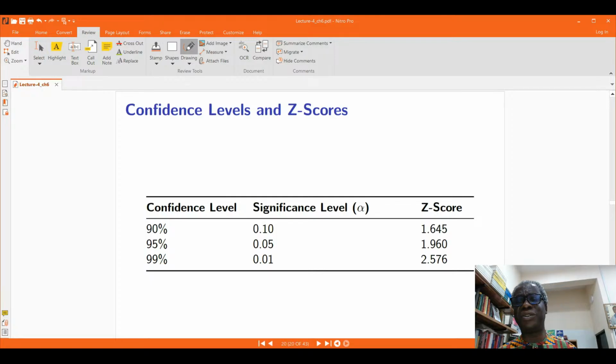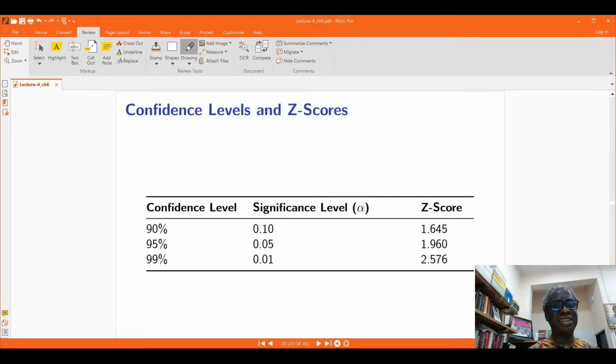And then you have the corresponding Z score. If the confidence level is 90%, then the level of doubt is 10%, 0.1, and the Z score is 1.645. If the confidence level is 95%, then it means you can accommodate 5% level of doubt, and the Z score is 1.96.